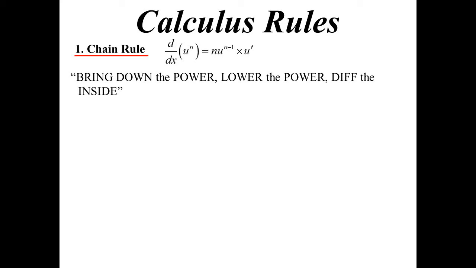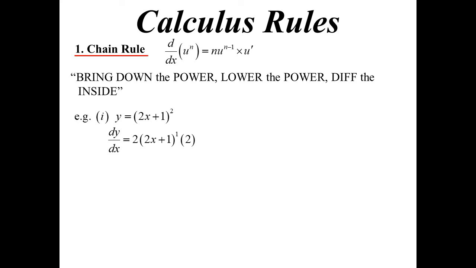So, how do we do it? Here's that question from the other day where I said that at this stage we're going to have to expand it out in order to do it. Well, no, we don't. Just with a little bit of anarchy, we can solve this. Bring down the power, so the 2 comes to the front. Lower the power, so the power of 2 becomes the power of 1. We've lowered it, but then we put the boot in.